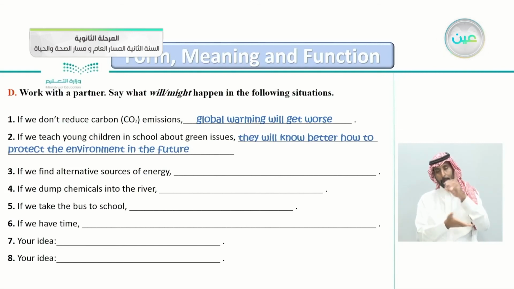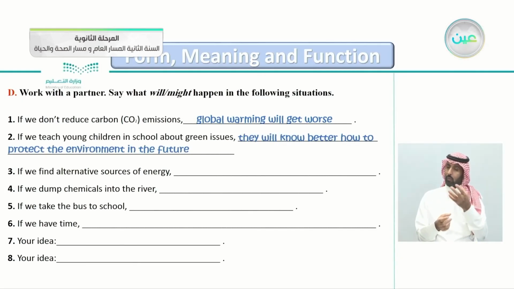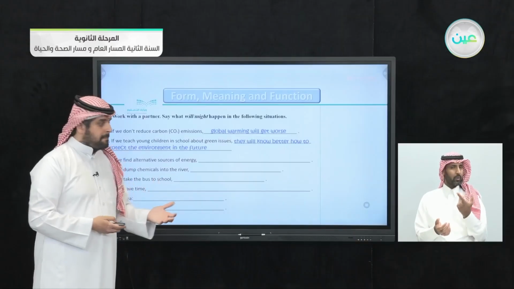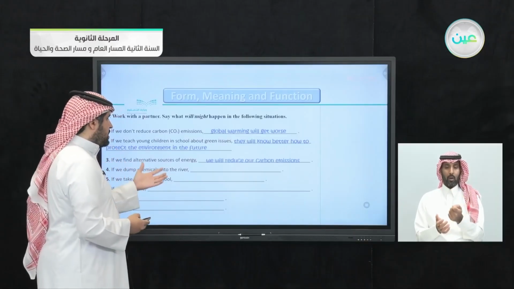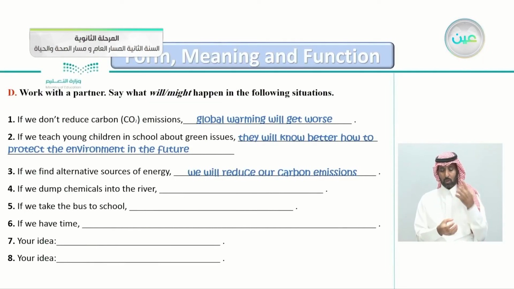Number 3, if we find alternative sources of energy, this is the if clause. What about the result clause? I wrote, we will reduce our carbon emissions. If we dump chemicals into rivers, of course, bad things will happen. I wrote, the fish will die. This is a fact here.